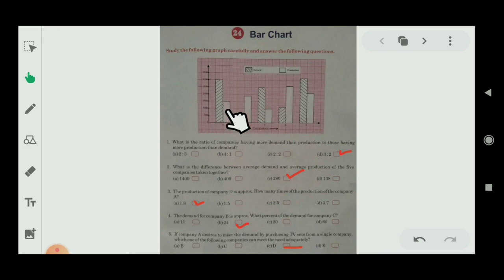Similarly, in company B, the demand value is 500, and the production value is 1,800. Similarly, you can see the rest of the graph, and when we see the graph, we are able to solve these questions. So students, try to solve these questions yourself. Thank you.